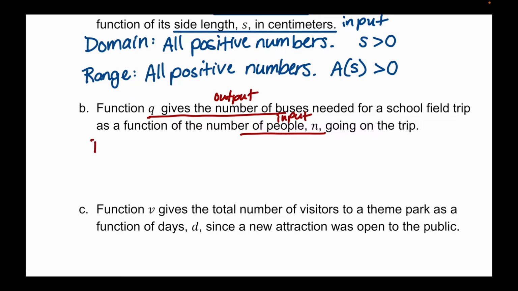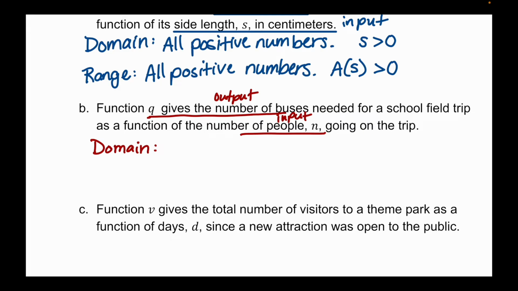So domain, we're going to describe the number of people going on the trip. Now we could say 0 because nobody signs up for the field trip. So that would work. What's more important is we couldn't say negative.